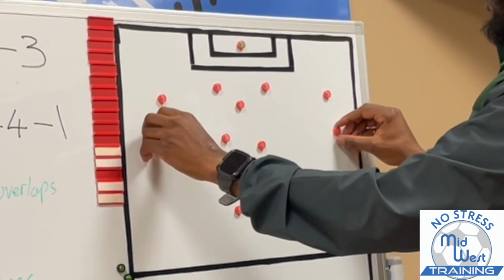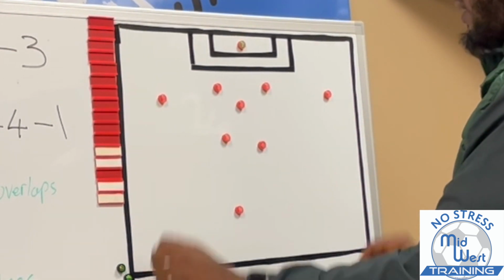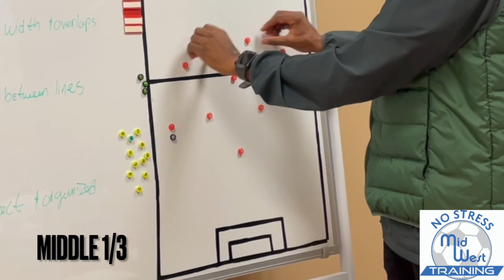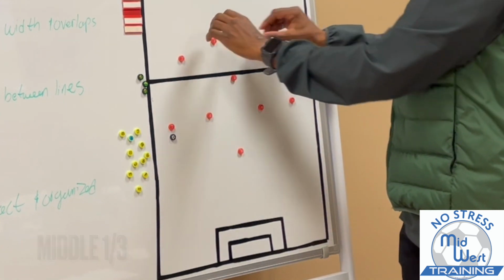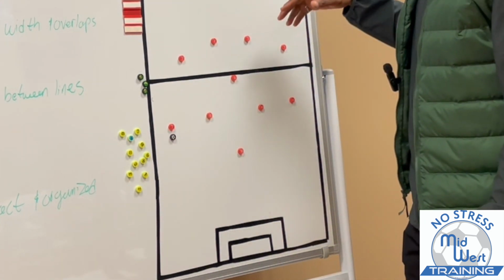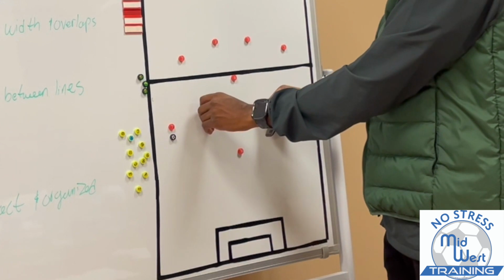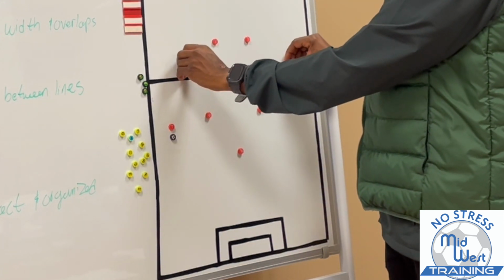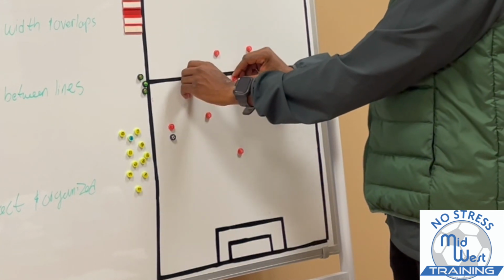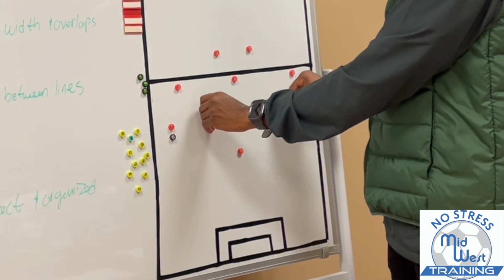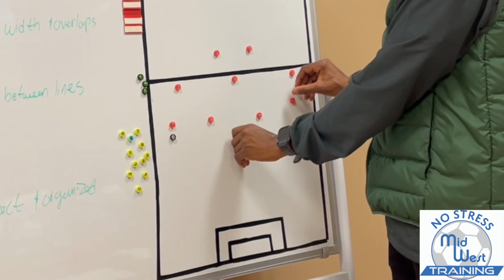As we move to the middle third, our formation is switching up just slightly, still based in that 1-4-3-3 formation, but now what we're doing is almost like a 2-3-4-1 formation.